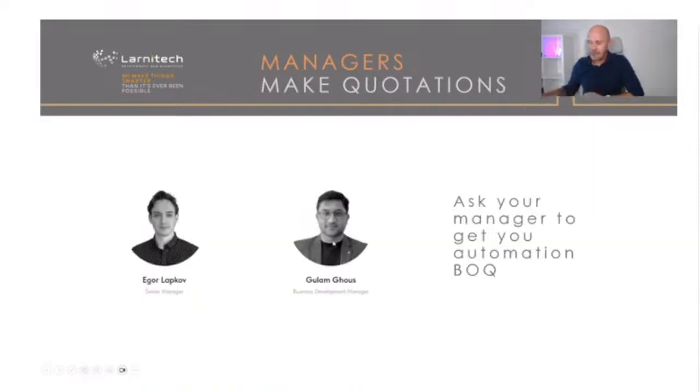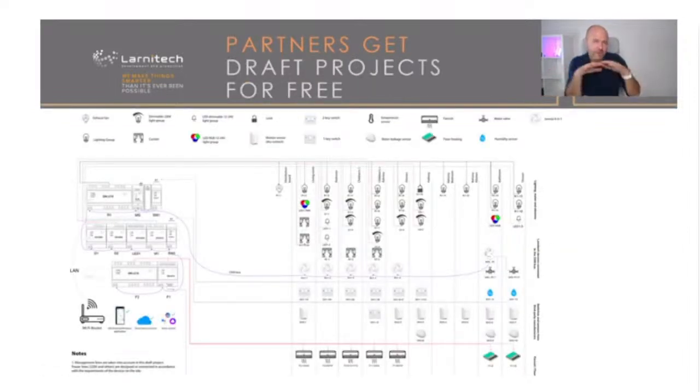And for first quotations, our managers will help you. So what you can do, you can connect to these guys and you can ask them and they will support. Okay. For every room you will need from this to this and so on. He said, I don't need it. So what we do is we make this file, which will at least give you an understanding of what is in which room.